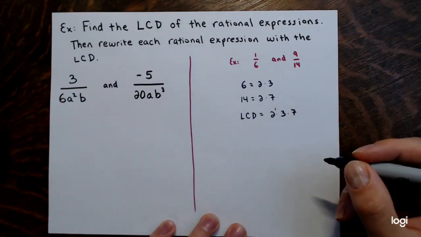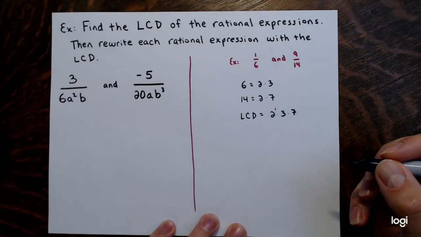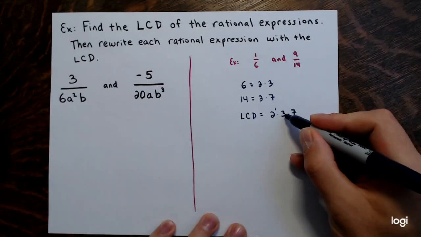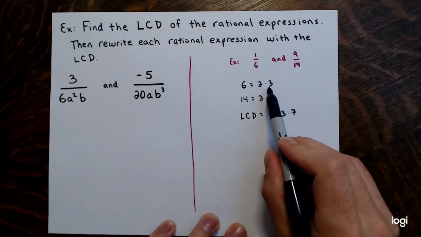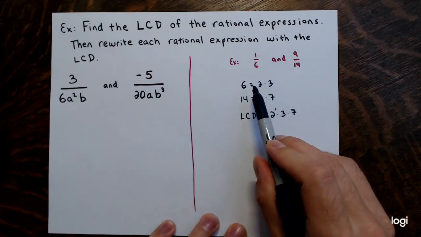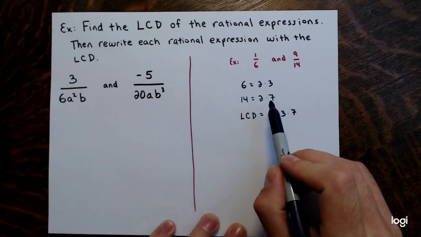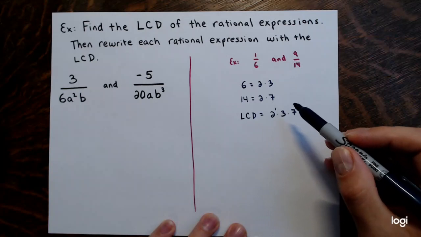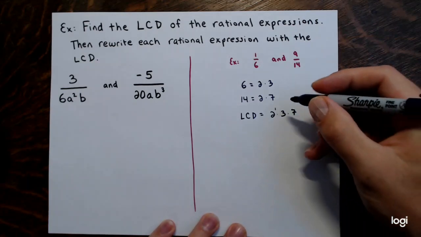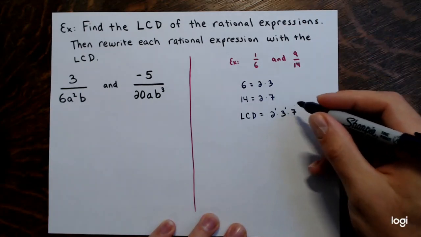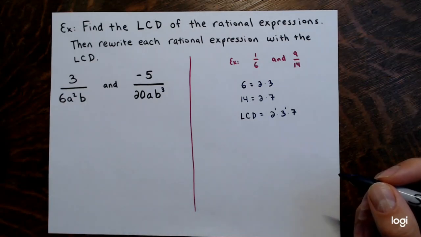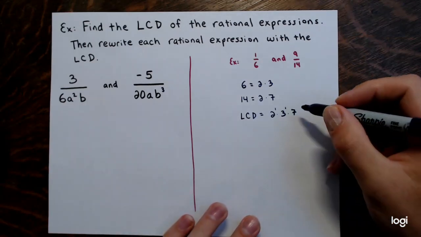So the LCD is going to have 1 factor of 2, 2 to the first, times 3. 3 appears once in this factorization, and 0 times in this one, but the largest of 1 and 0 is 1. So you have 1 factor of 3 in the least common denominator. And 7, same thing.